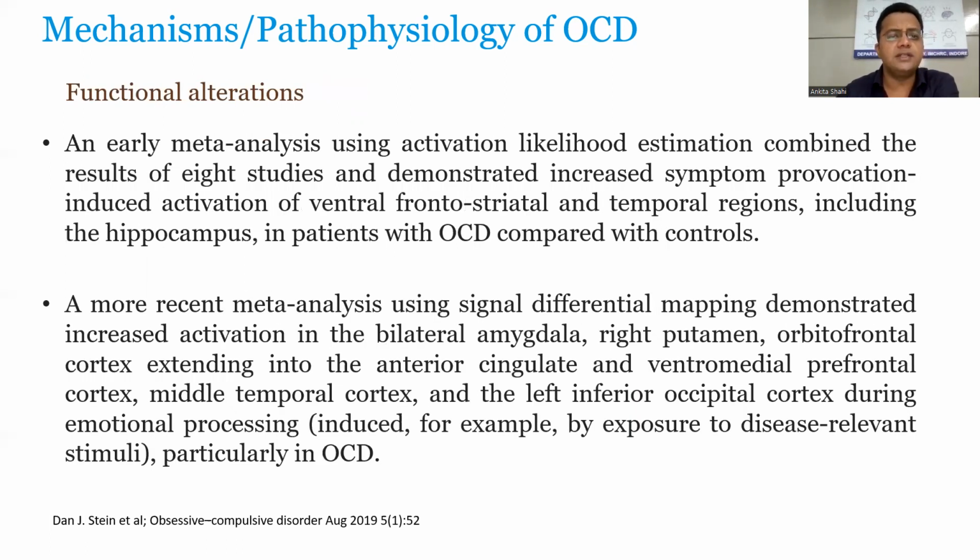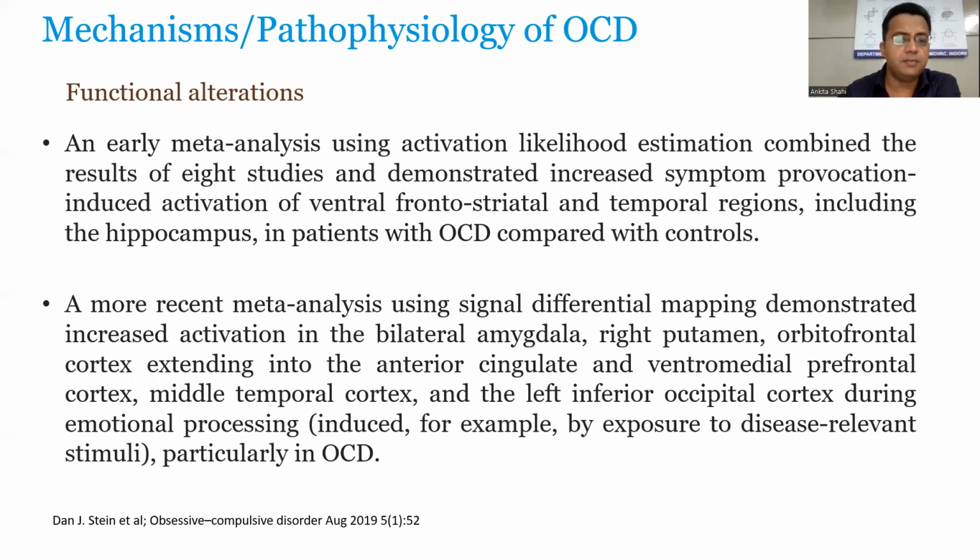An early meta-analysis using activation likelihood estimation combined the results of 8 studies and demonstrated increased symptom provocation induced activation of ventral frontostriatal and temporal regions, including the hippocampus, in patients with OCD compared with controls.